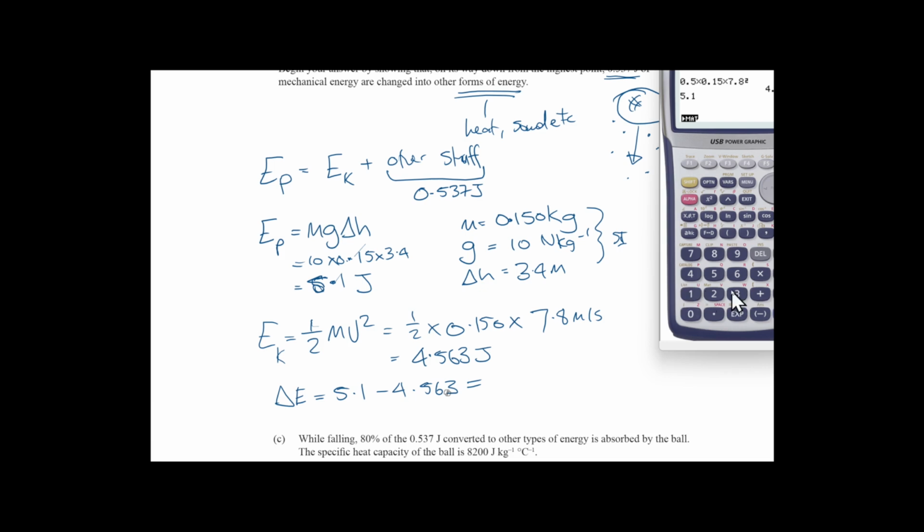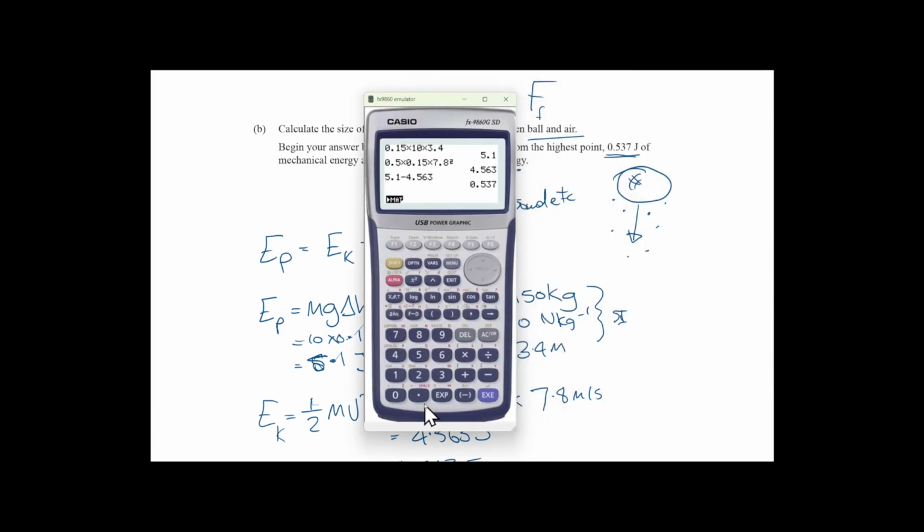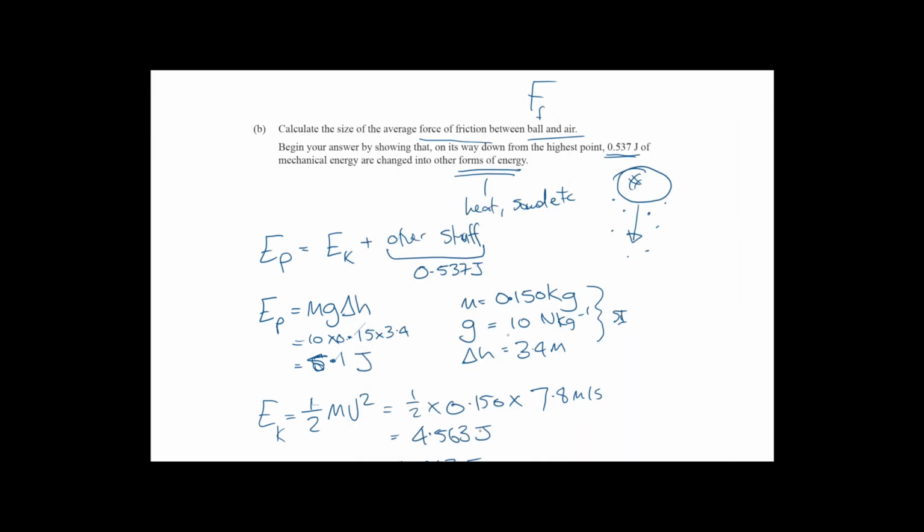So 5.1 minus 4.563, and we get, drum roll, 0.537, which is what we're testing for. 0.537 matches up perfectly. Physics works. How about that?